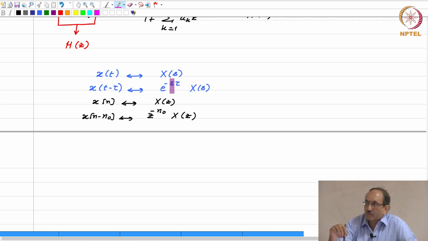It is no longer a rational Laplace transform. Whereas here, if X(z) were rational of the form P(z) over Q(z), this continues to be rational. So a delay element in discrete time, which is z to the minus n naught, is indeed a rational transfer function, whereas the corresponding counterpart in continuous time is not.